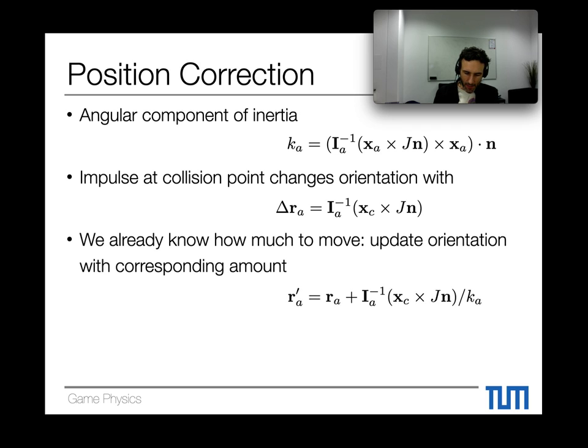And this is basically what we can now directly use to update our orientation R, with the only change that now we're actually weighting this component, right? This was the influence here.